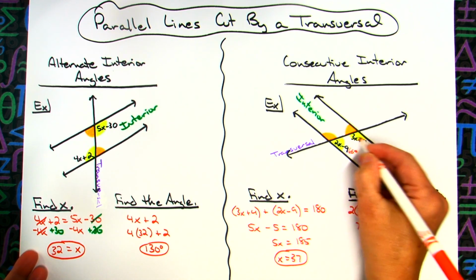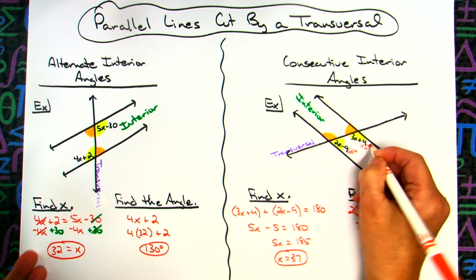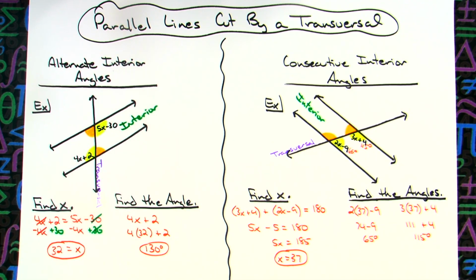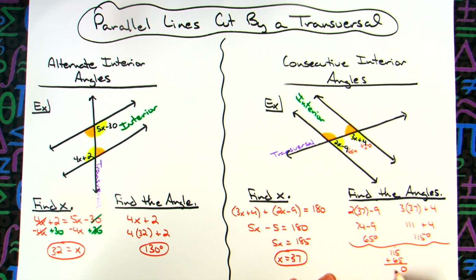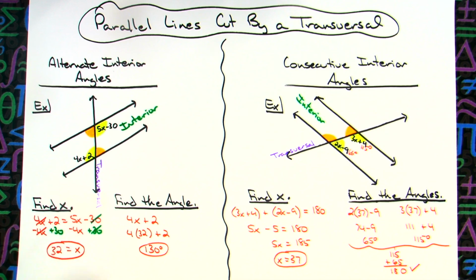So that means this angle up here is 115. Now we can double check just to make sure that these are supplementary angles. We can check by doing 115 plus 65, which is 180 degrees. So yes, it checks, they are supplementary.